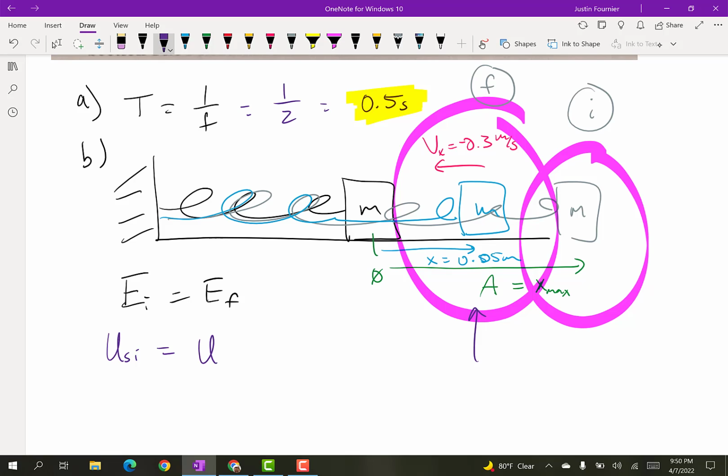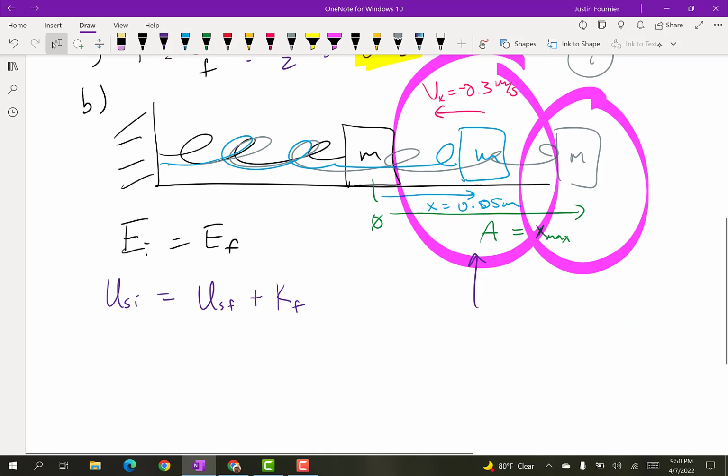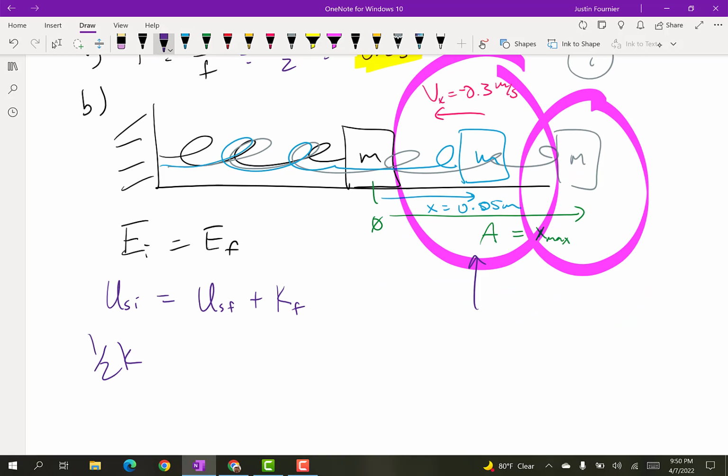So I'm going to have spring potential energy at the end plus the kinetic energy at the end as well. So it's going to be 1/2 K A squared, that's the maximum displacement, which is going to equal 1/2 K X final squared, plus 1/2 M V final squared.